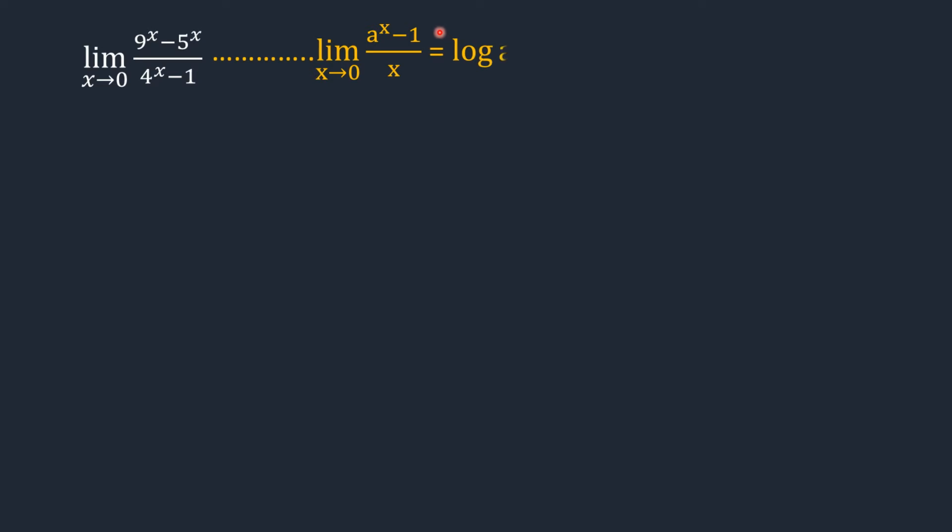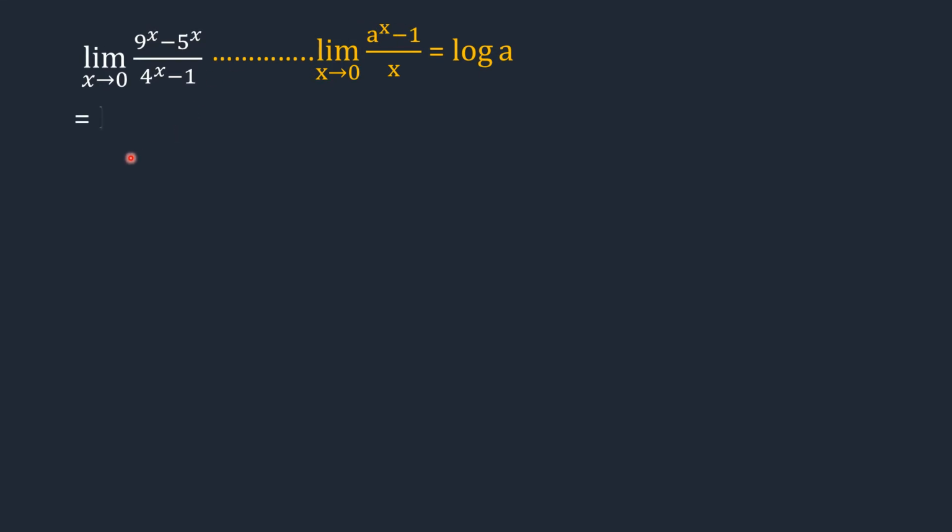Solve limit 9 to the power x minus 5 to the power x over 4 to the power x minus 1 as x approaches 0. If we want to use the formula which we have seen earlier, we have to rearrange the terms in the numerator in this form.